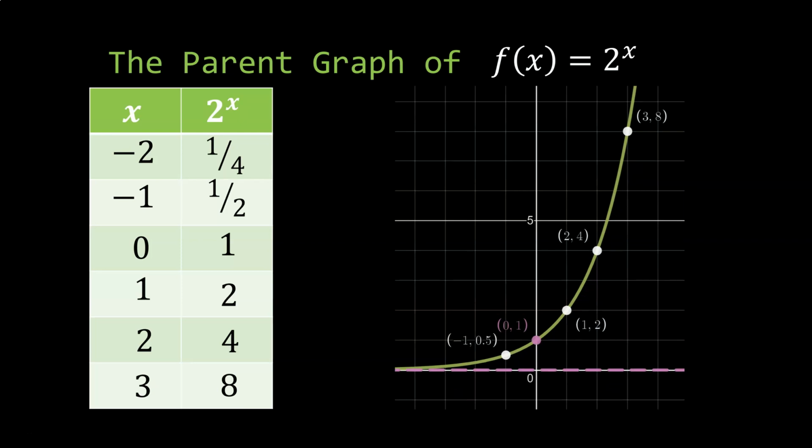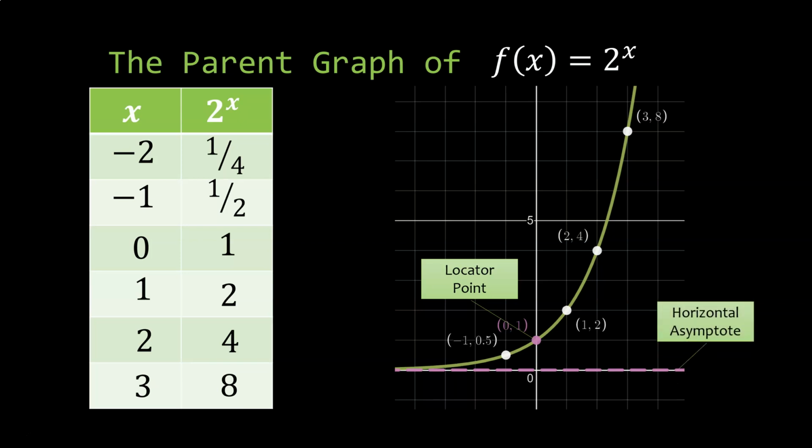So when we are graphing this, we notice that the locator point, which is a very important point on the exponential function, is 0, 1. Because any base that you have to the 0 power will be 1, and then negative exponent is going to flatten out to 0, and we call that the horizontal asymptote.